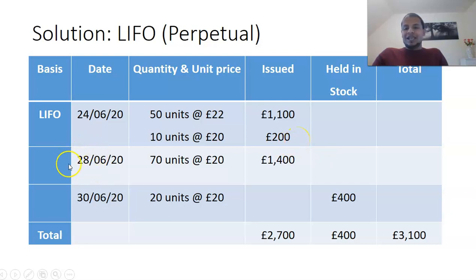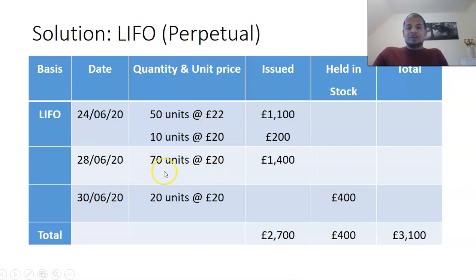And then on 28th, we have to issue 70. Now we have only one option, the earlier purchase, that is 100, of which we already issued 10. So from the earlier purchase, we have 90 at 20. Out of 90, we are issuing 70 on 28th, so 1,400, if you multiply 70 times 20.